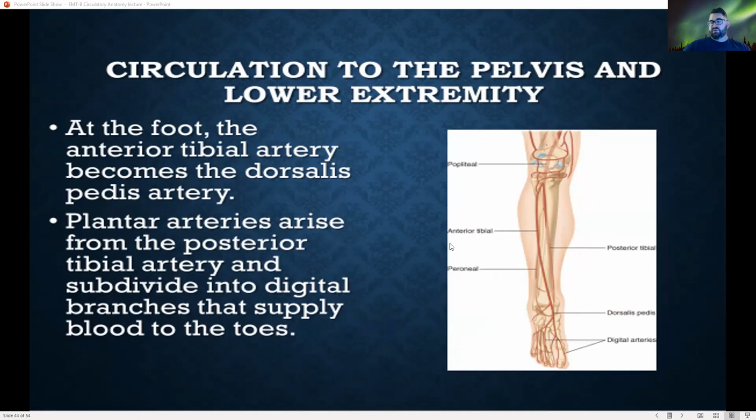So this is one of the reasons that we, being thorough, will check for range of motion. We'll check the color, the temperature of the foot. Is it cold? Is it warm? Does it have a pulse? We'll check all that kind of stuff when we teach you how to do assessments here soon.